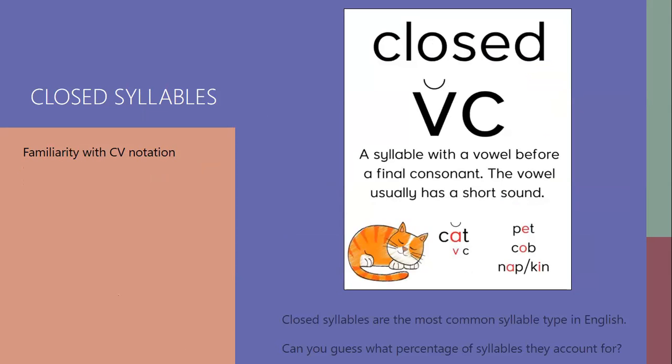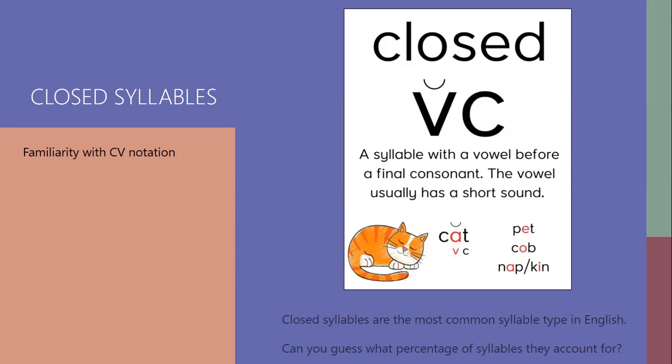Okay, so closed syllables. This is probably the most important syllable type. And so we're just going to go over these in a bit of detail. You don't necessarily need to teach your students familiarity with CV notation, but what it stands for is consonant, vowel. So wherever you would see a B, C, etc., that's what that stands for. So a closed syllable is a syllable with a vowel before a final consonant. Final just means last or ending, like the last place.